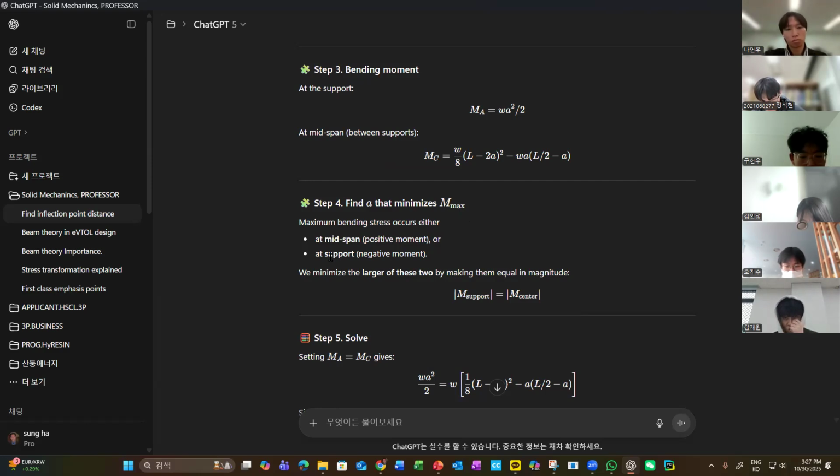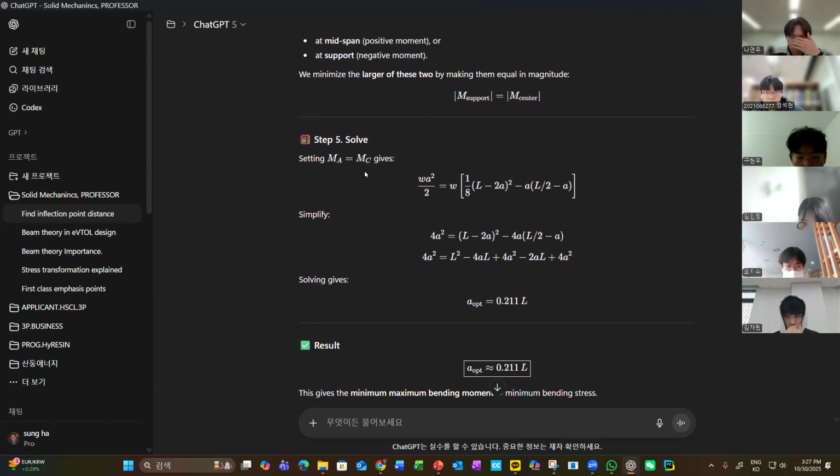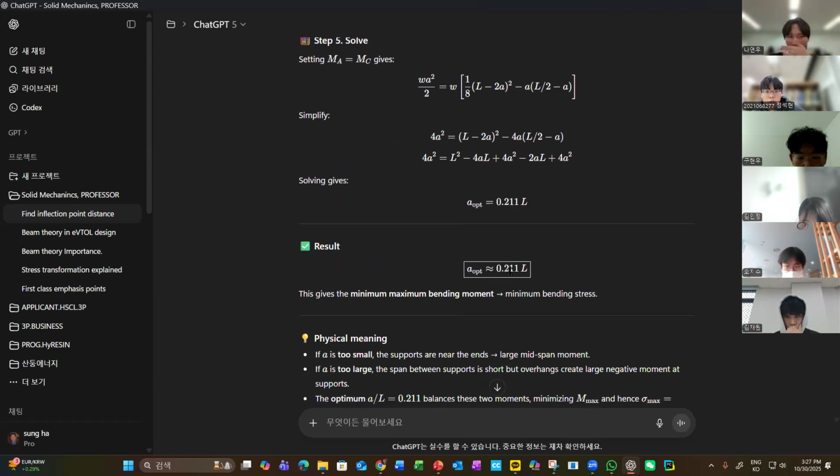Okay, mid span and at support a negative moment, and then solve. This is just mathematical, and A will be... this gives a minimum. Wait a minute.